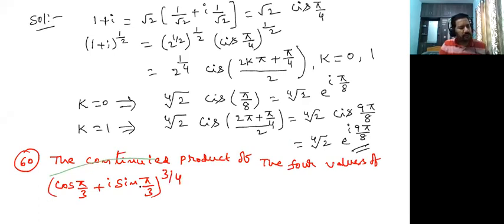This is the question. The continued product of the four values of the complex number we have to find.